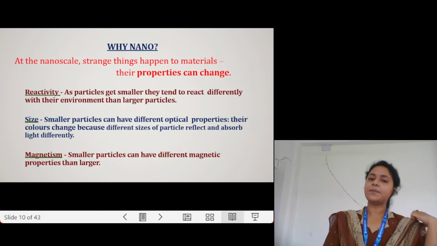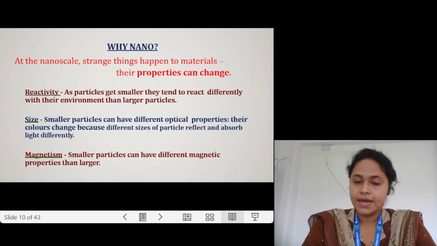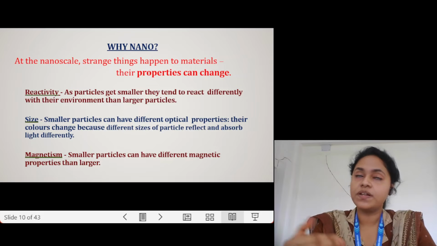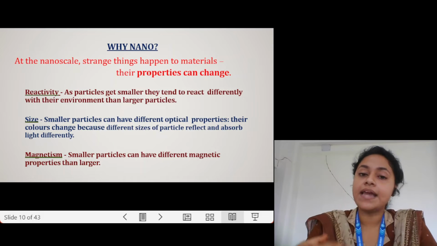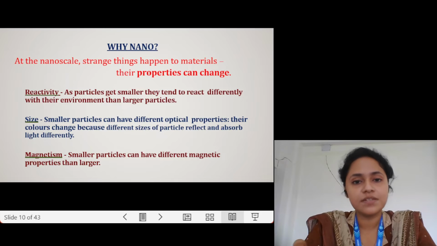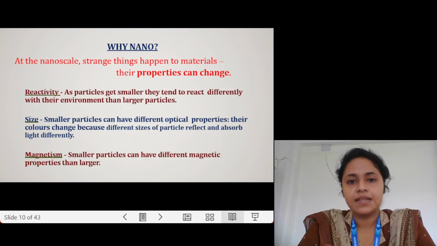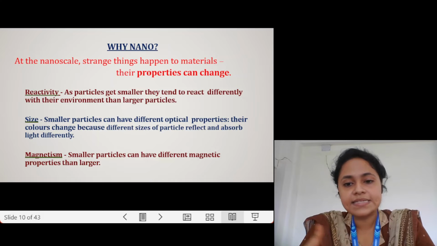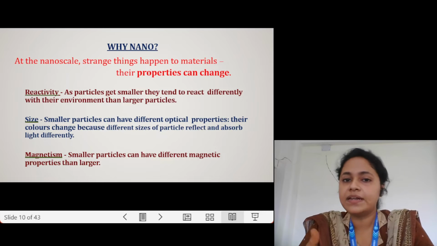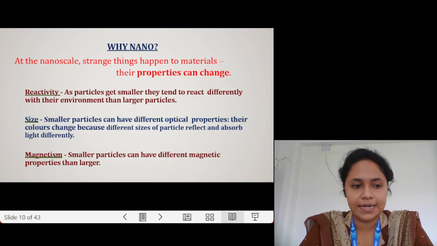For a particular material, whether it will react or have any applications in any of the dimensions is determined by its reactivity. Whenever the particle size is varied, the reactivity is also varied. There is a change in reactivity.